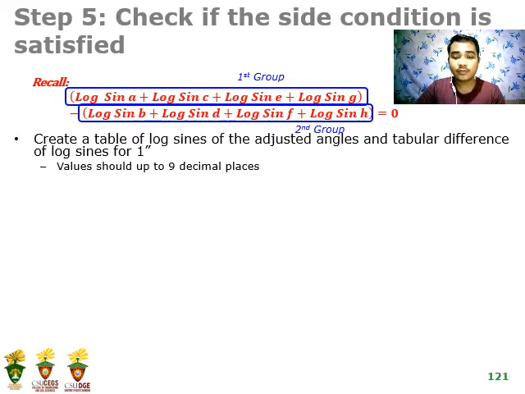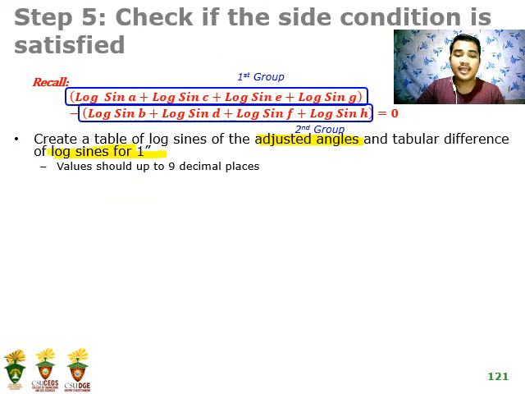What we are going to do in this step is create a table of log sines of the adjusted angles and the tabular difference of log sines for 1 second.